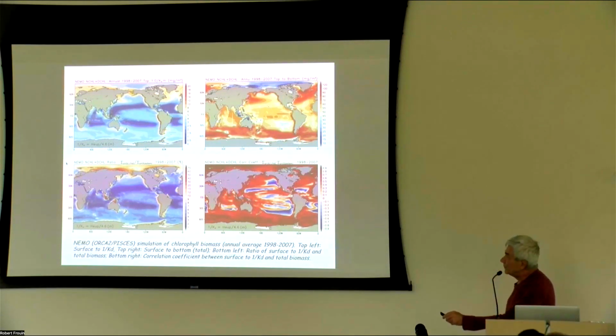So you see, this is basically what the satellite measures: the chlorophyll within the layer for which you have some light. But this is the total vertically integrated, and you see the kind of difference that you have here.